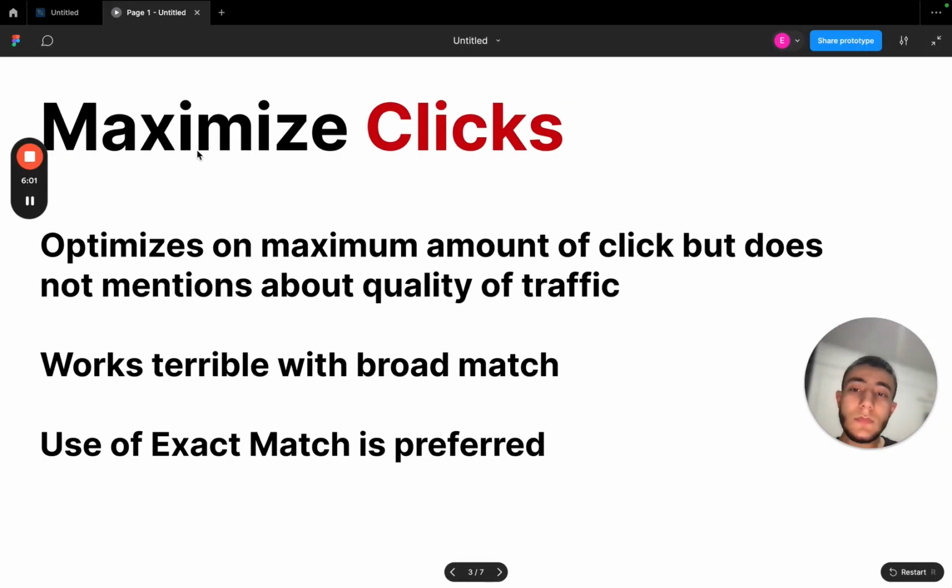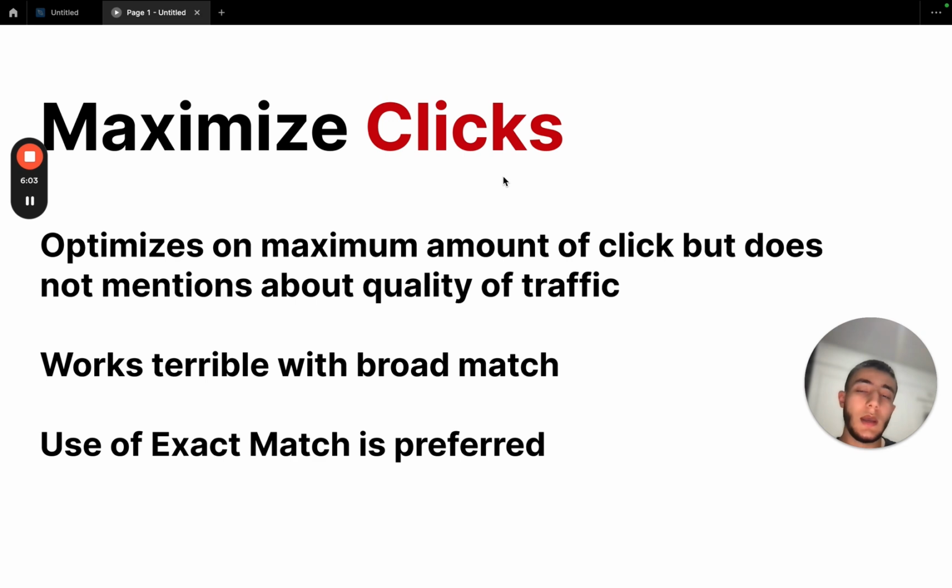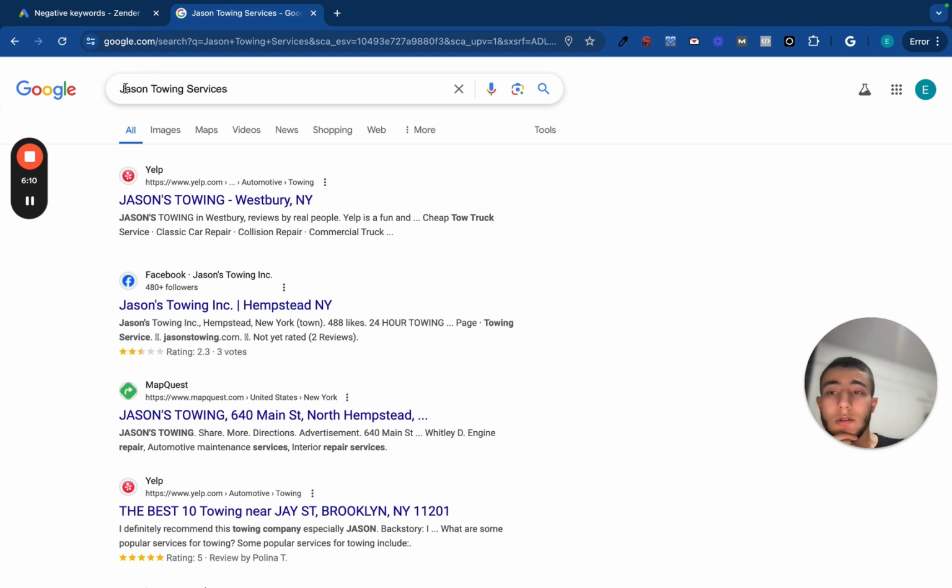So maximize clicks is going to optimize for the cheapest clicks possible to get as many clicks as possible. It's going to go after competitors and irrelevant searches unless it's used with exact match.